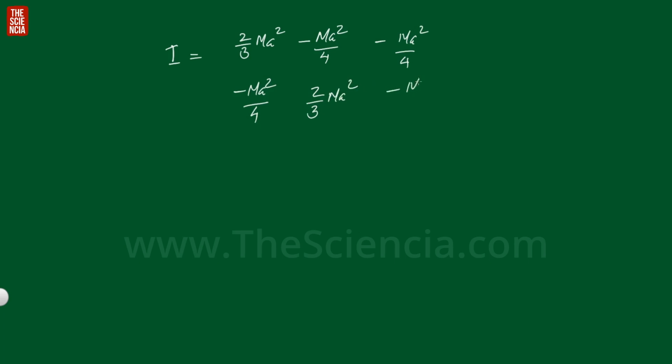So after solving all those components, we get the moment of inertia tensor I equal to: 2 by 3 m a square, minus m a square by 4, minus m a square by 4; minus m a square by 4, 2 by 3 m a square, minus m a square by 4; minus m a square by 4, minus m a square by 4, 2 by 3 m a square.